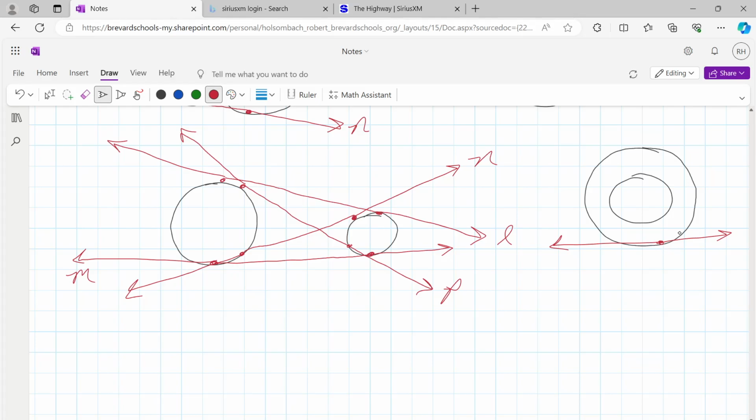And anywhere that we drew a tangent on the little circle inside, let's say we drew it up here, well, it's not going to be tangent to the circle on the outside, is it? Because it's going to hit it in two places. All right, so when you've got a circle inside a circle or concentric circles, you're not going to have any common tangents, okay?